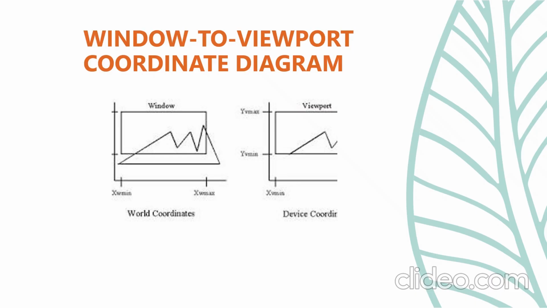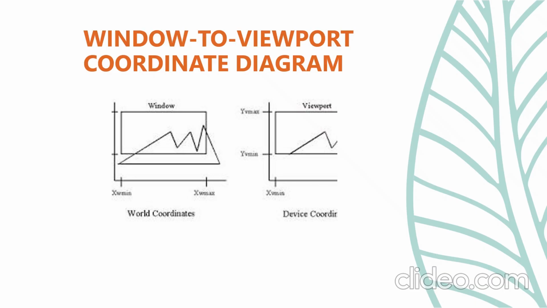Although the physical sizes of the window and the viewport are different, their relative positions remain unchanged. For example, if an object appears at the center of the window, it will also appear at the center of the viewport after mapping. Similarly, the objects near the edges remain near the edges only.